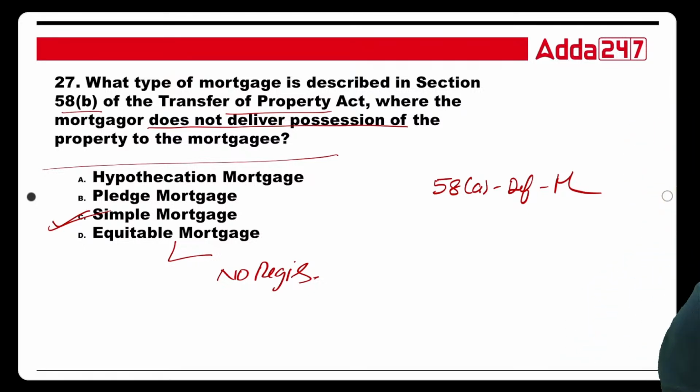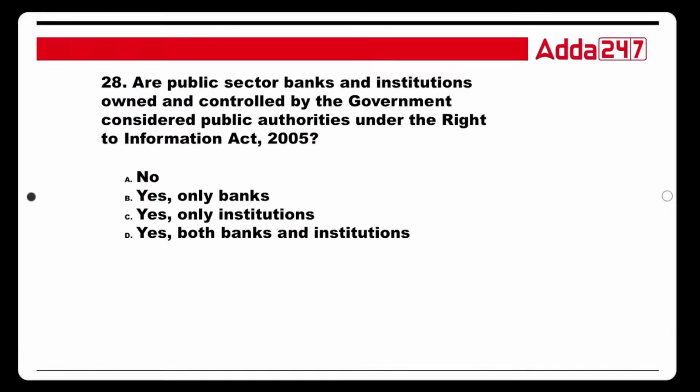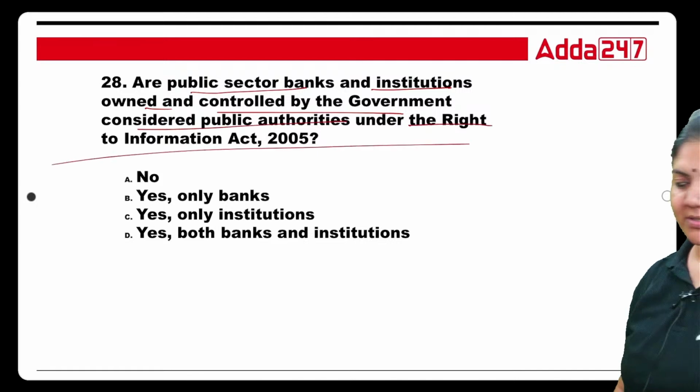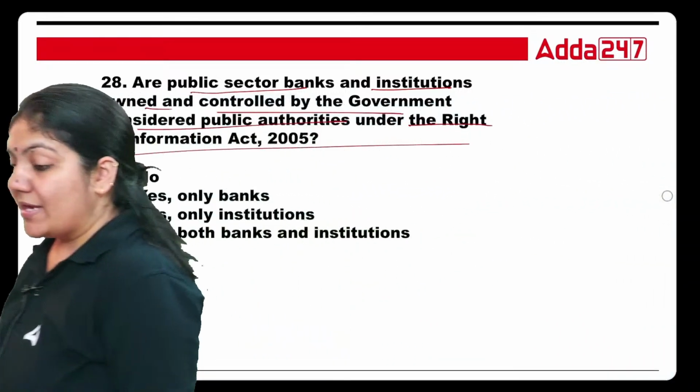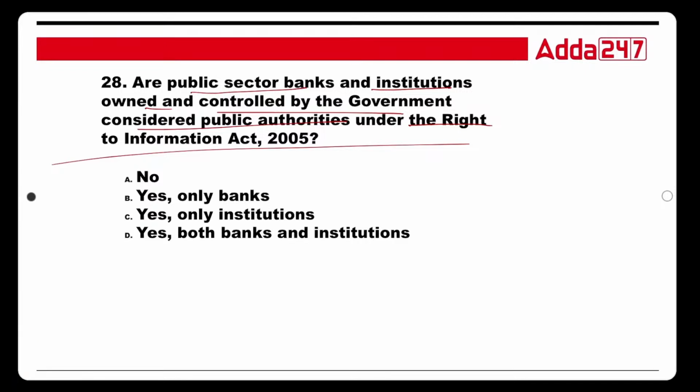Okay. Now, are public sector banks and institutions owned and controlled by the government considered public authority under RTI? Yes, only bank, only institution, or both? As we know, under RTI, we can ask for any information from the public authority. So tell me the right answer.